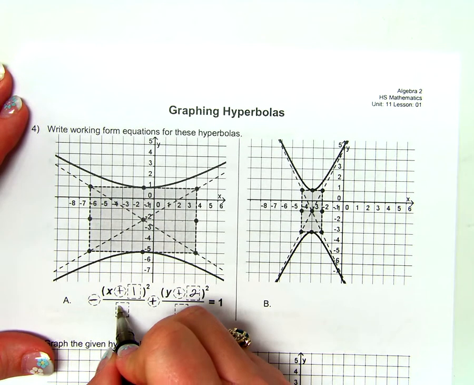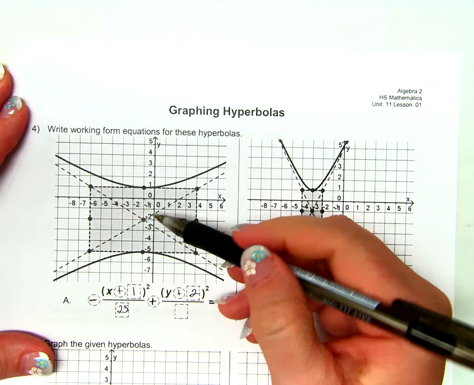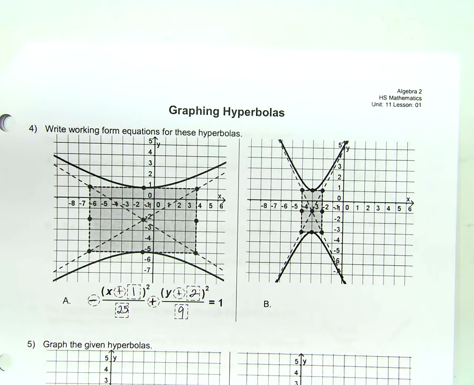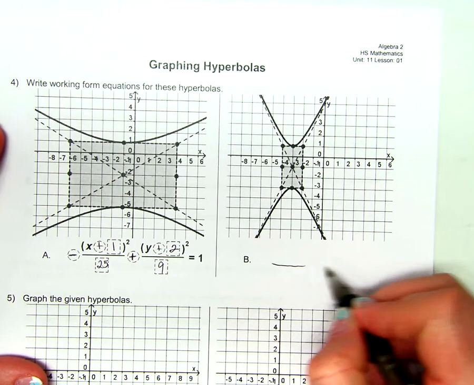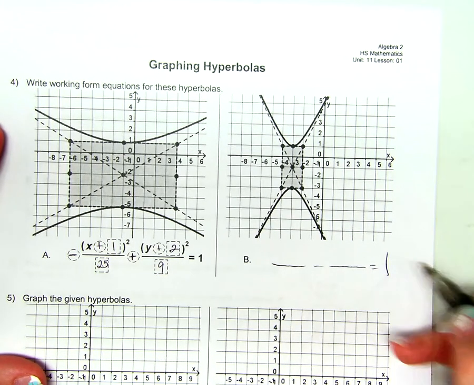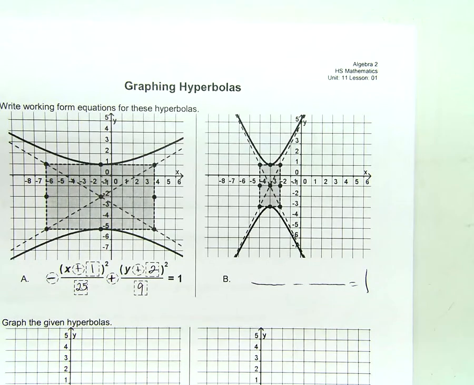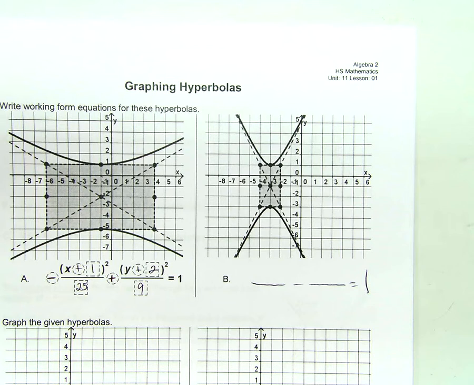So what number goes down here? And what about here? Done. Sure. If it helps you see where the numbers come from, absolutely, you can just write 5 squared and 3 squared.